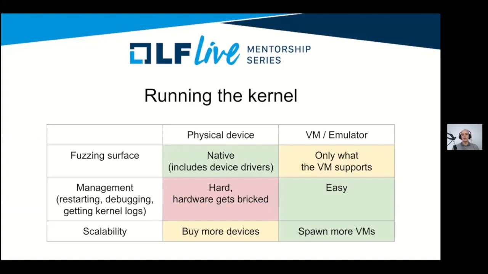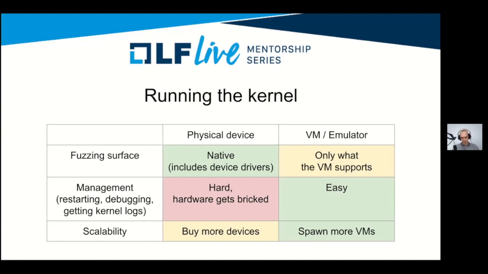In the case of emulators, this is very easy to deal with, because if for example your kernel hangs, you can just kill the virtual machine and restart it anytime. Most of the emulators have some GDB support, so you can connect a debugger, and most of them provide a way to collect kernel logs. When it comes to scalability, it's much easier to spawn more VMs than to buy more devices in the case of physical devices.